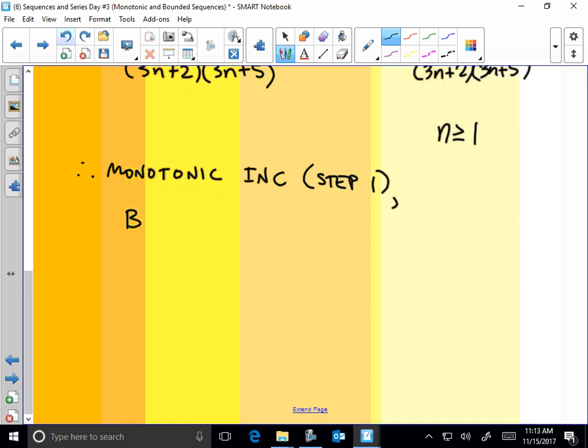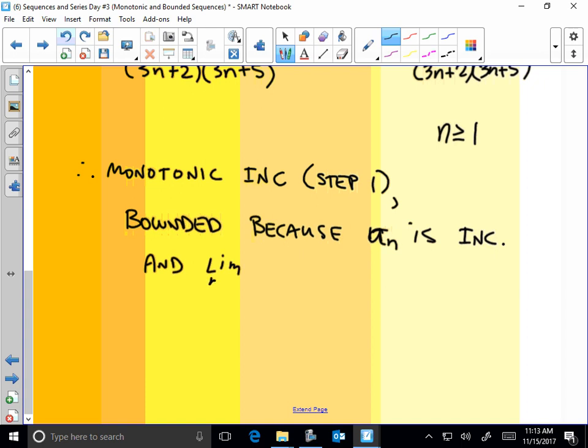And it is bounded. Now, this is the important part. It is bounded because a of n is increasing, and the limit as n approaches infinity of a of n is equal to 2/3. So the limit exists, and it's always increasing.